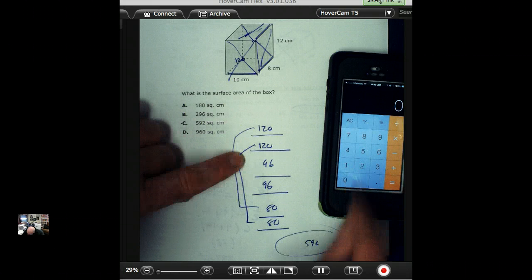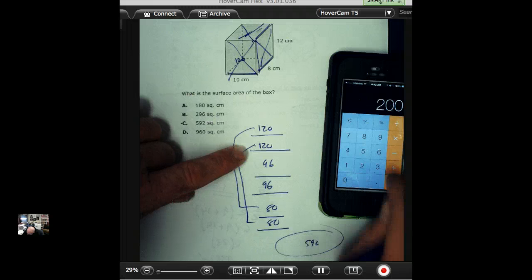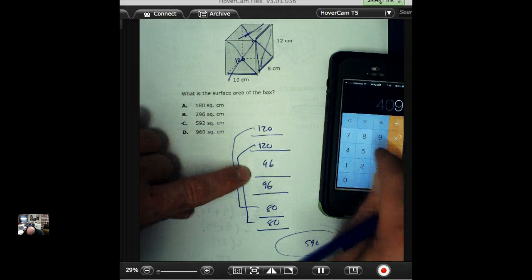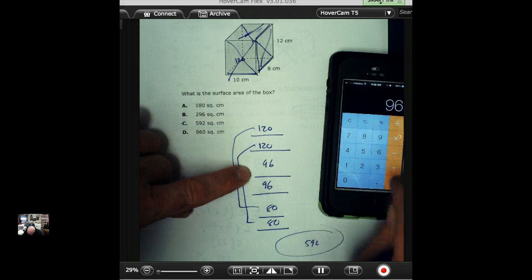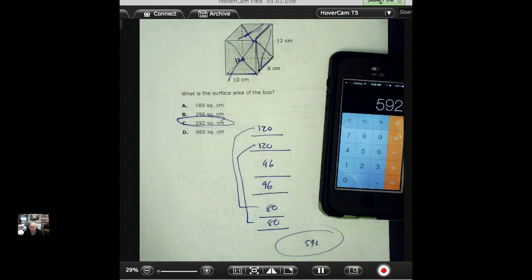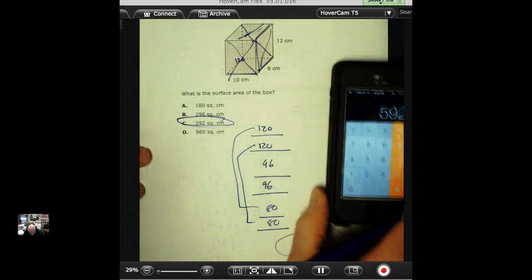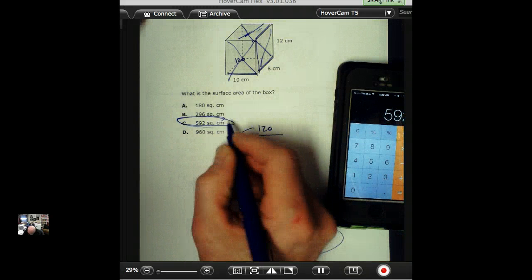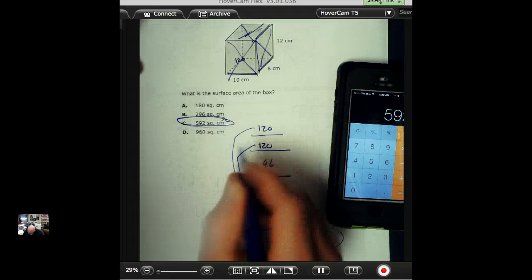These two together would be 200. These two together would be 200. And then 96 plus 96 is 192, so 592, and we're at C here. And of course that'll be centimeters. Actually, they made a mistake here, because that's surface area, so that should be centimeters squared.